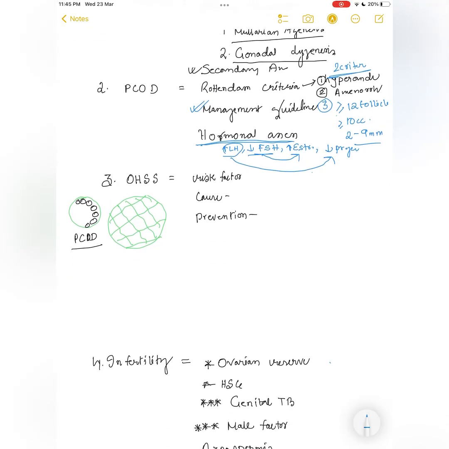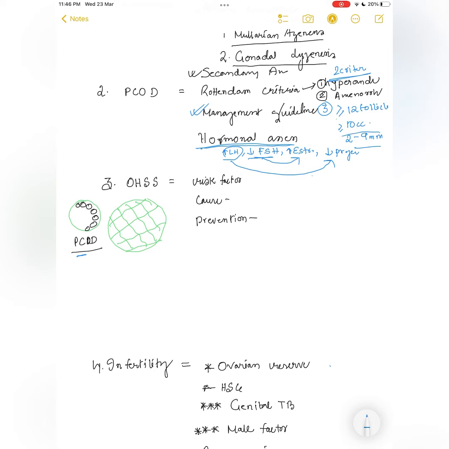Next is ovarian hyperstimulation syndrome, and I will especially tell about the risk factors. But before that, I will tell about the USG findings in PCOD and in OHSS. In PCOD, there are small cysts in a necklace pattern, but in OHSS there are very large follicles that are easily identifiable, unlike the 2 to 9 millimeter size, because OHSS has very large follicular cysts.